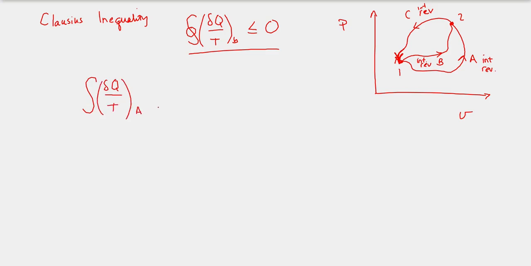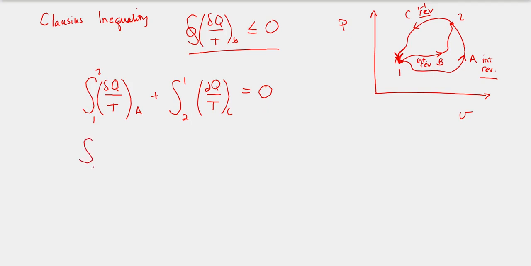So I have path A from 1 to 2 plus the return path, which is from 2 to 1 for path C, and that is equal to 0 because I've already stipulated in my little proof here that all process paths are internally reversible. So we know that that's equal to 0. Otherwise, the statement would have to be less than 0 if the processes weren't internally reversible.